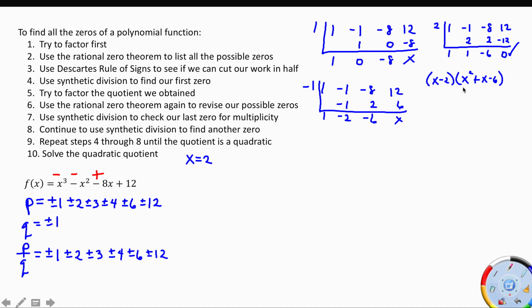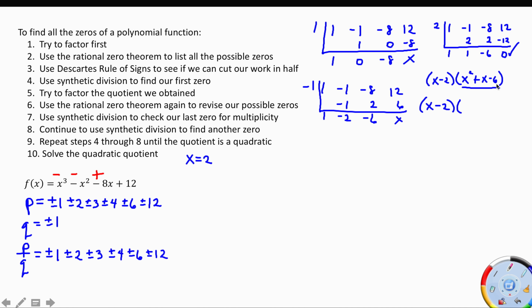Once I get one of my factors worked down to a quadratic equation, I can either continue to factor it, or even if it doesn't factor, I can still find those zeros because I can use the quadratic formula or completing the square. In this case, that thing factors, and it factors pretty easily.